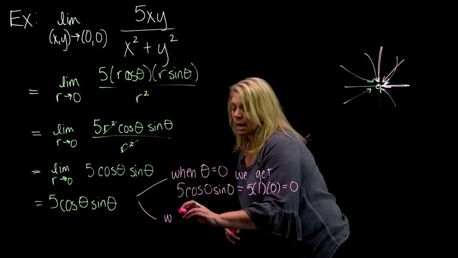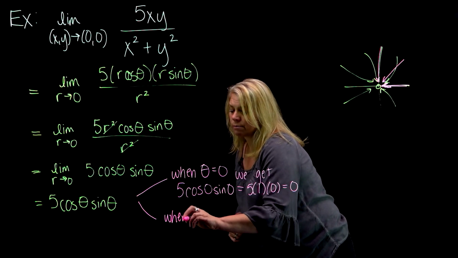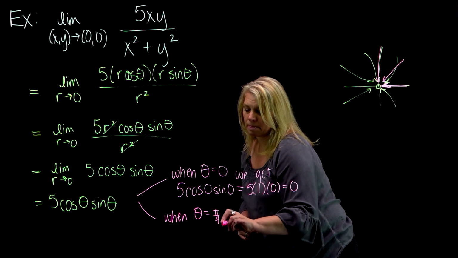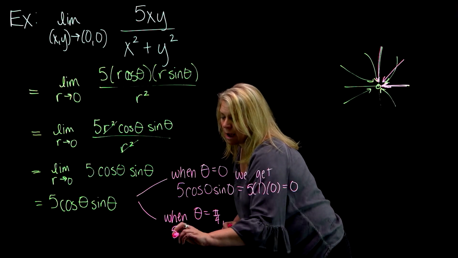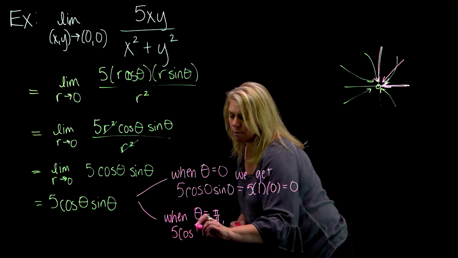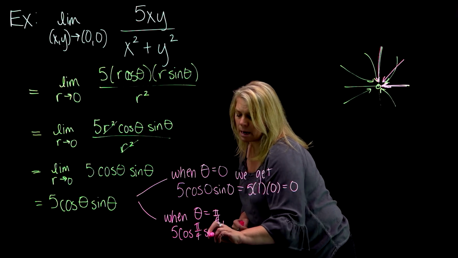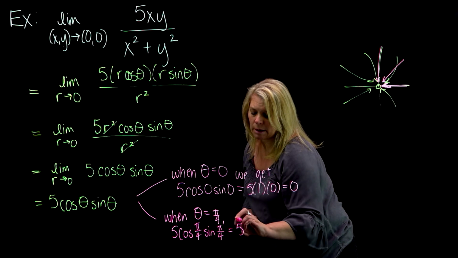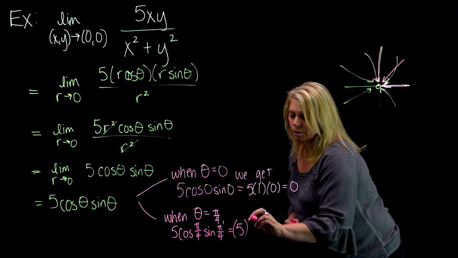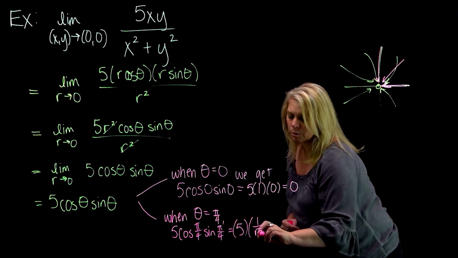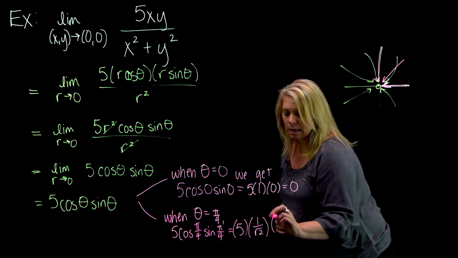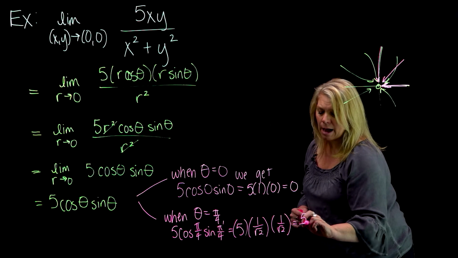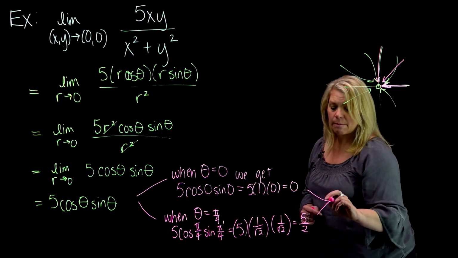So for example, when theta is pi over 4, we get 5 times cosine pi over 4 times sine pi over 4. So we'll get 5 times square root of 2 over 2, or maybe 1 over square root of 2 if you want to write it that way, times 1 over square root of 2. And so we'll get 5/2, which is not the same as 0.